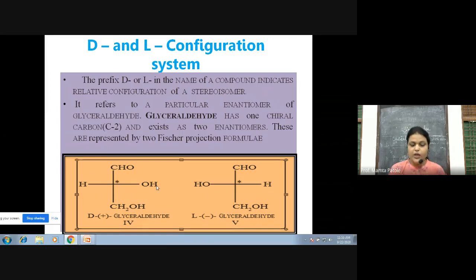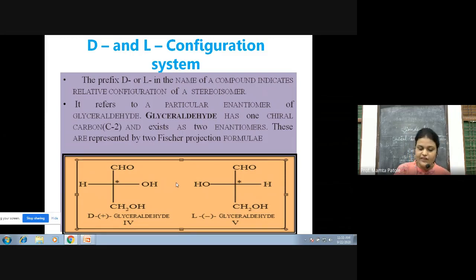In one form, OH is towards the right hand side, and in the other form, OH is towards the left hand side. So students, if OH is at the right hand side, we call it D plus glyceraldehyde, and here we have a capital D. And if OH is towards the left hand side, we call it L glyceraldehyde.